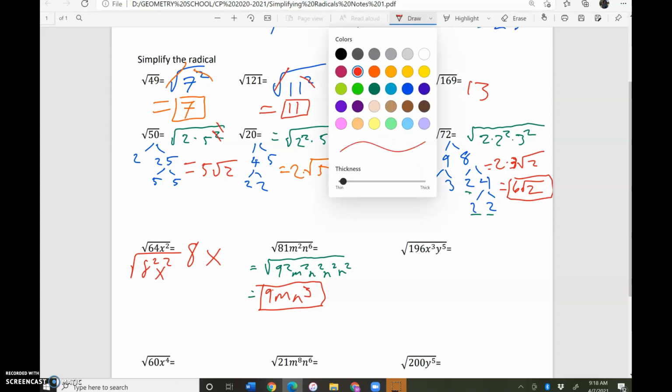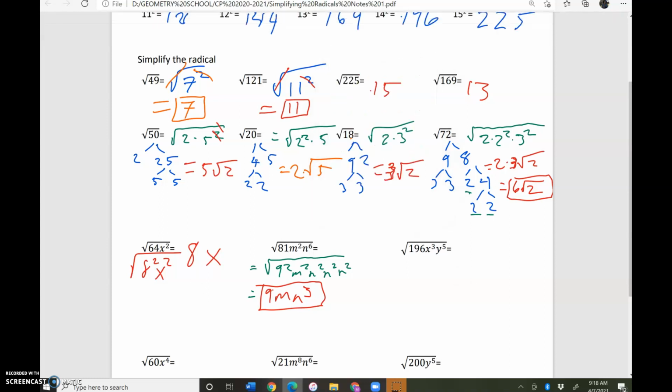So here we go again. I know 196, well, 196 is a perfect square, right? Because 196, I know that's going to be the same thing as 14 squared. And then x cubed, well, that's an x times an x squared. And y to the 5th, well, that's a y, y squared, y squared. So the ones with the perfect squares get to come out.